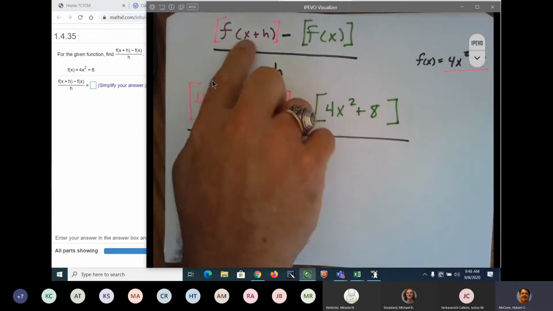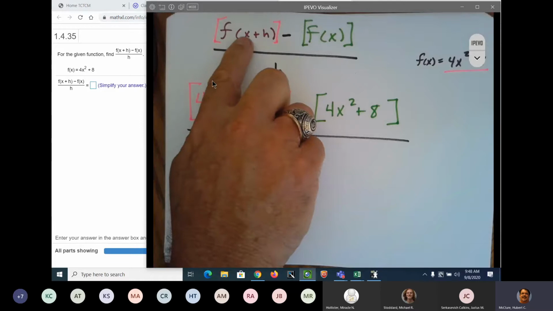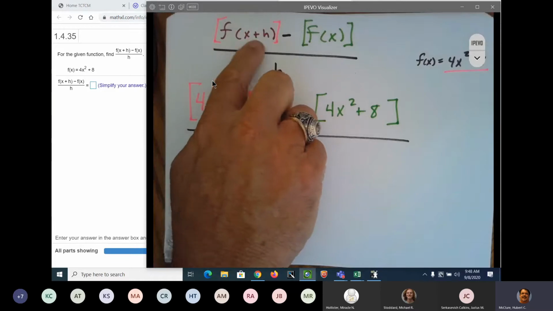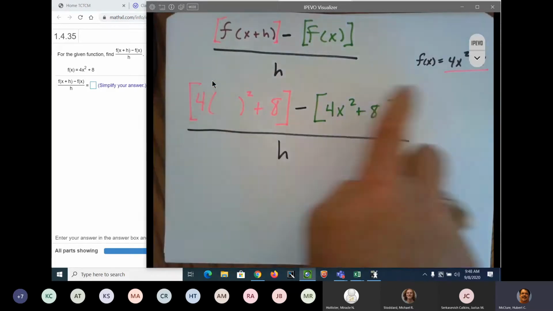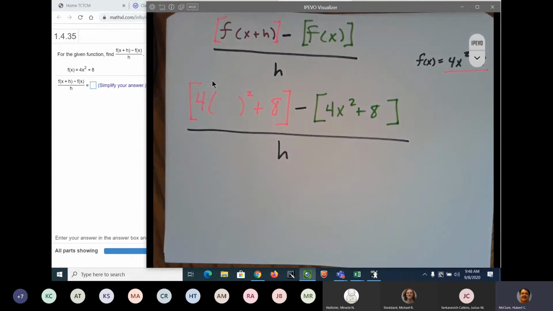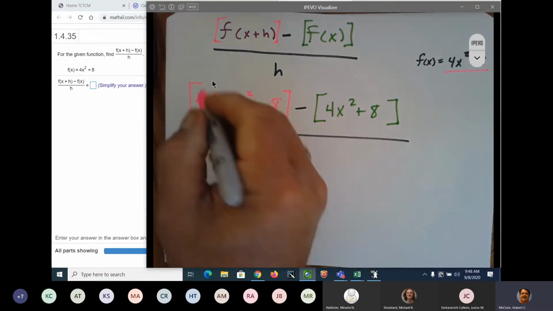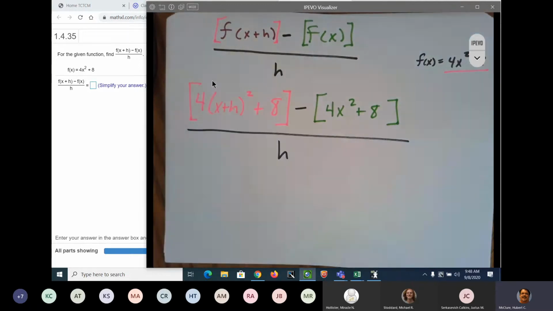And what do we do here? Well, anytime you've got something in parentheses here, that means you're going to plug that into the function. So I'm going to plug x plus h into this function. And now you're ready to do your algebra.